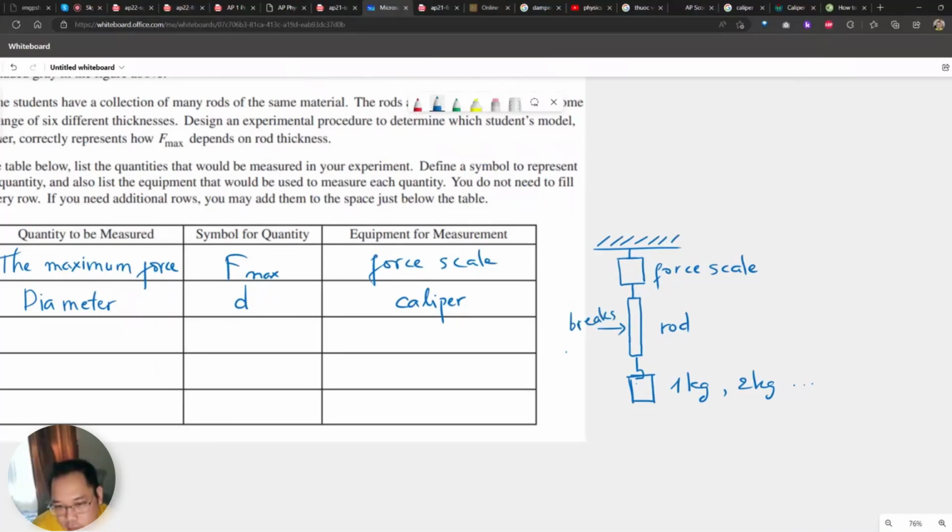Okay. Yes. So you need a bunch of different weights, like from 1 kilogram, then you increase to 1.1 kilogram, 1.2, 1.3, etc. slowly. Because if you suddenly increase from 1 kilogram to 5 kilogram, it will immediately break, and you don't know exactly which force is the minimum force required to break the rod.